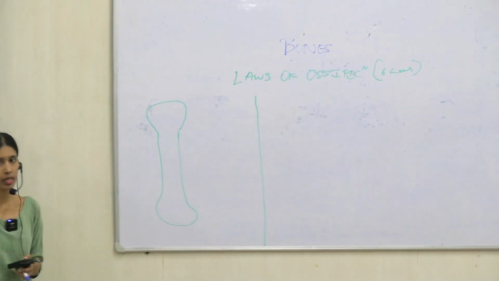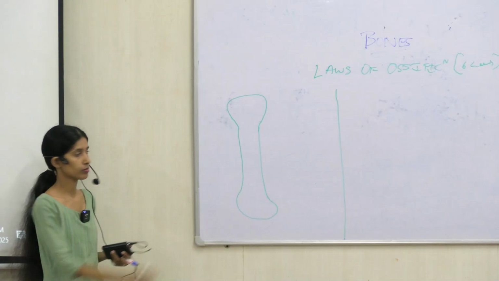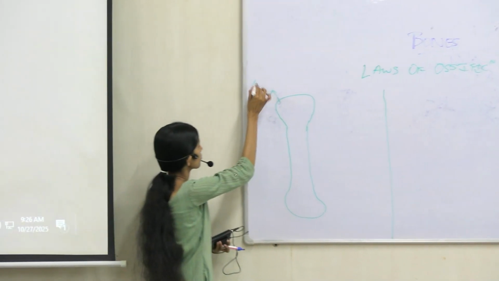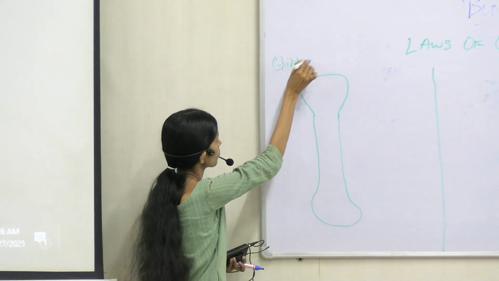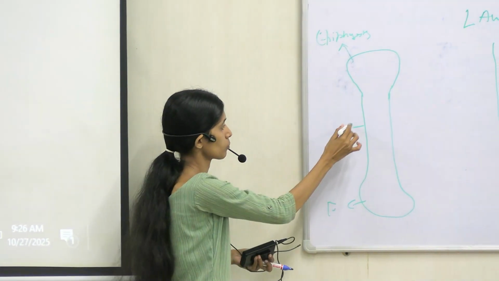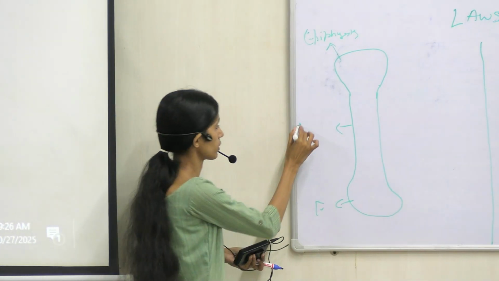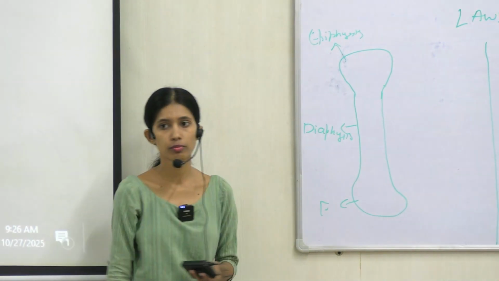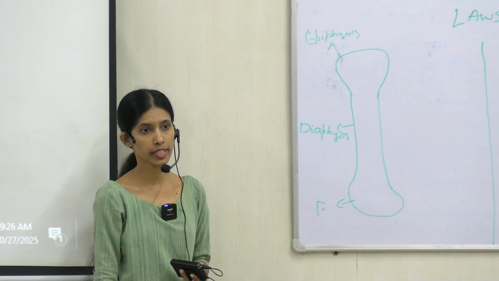Can you name the parts? What is this part? Epiphysis. So this is also epiphysis. What about this part? Diaphysis. Do you know any other parts to name? Metaphysis.